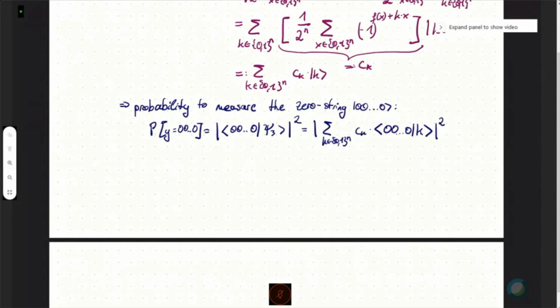However, what we also learned is that all the different bit strings are orthogonal to each other. So this inner product is actually only 1 if k equals the 0-bit string. If k equals any other bit string, the inner product is 0 because they're all orthogonal.